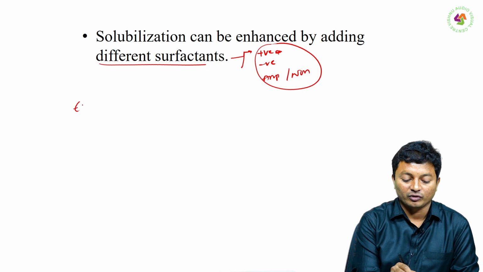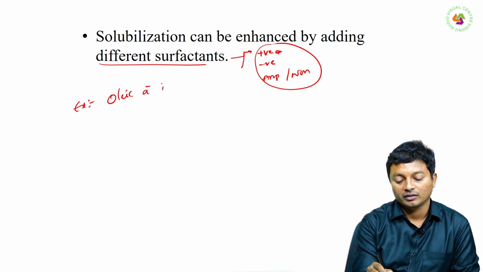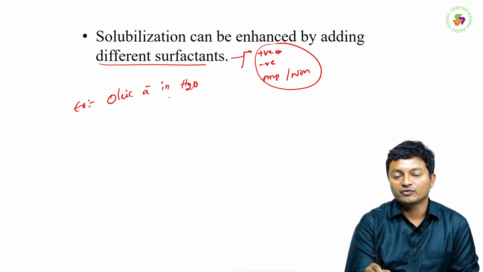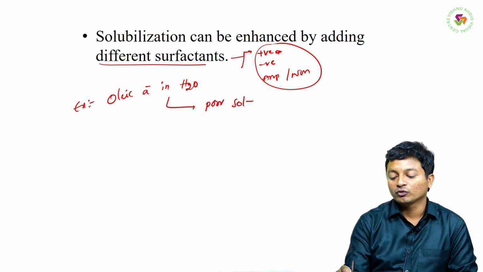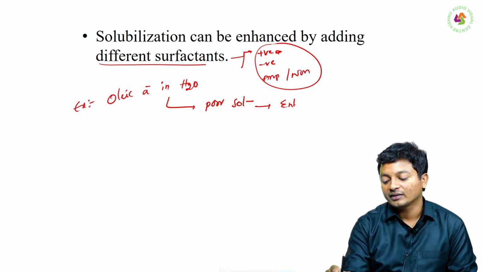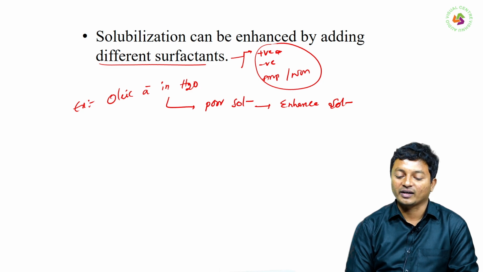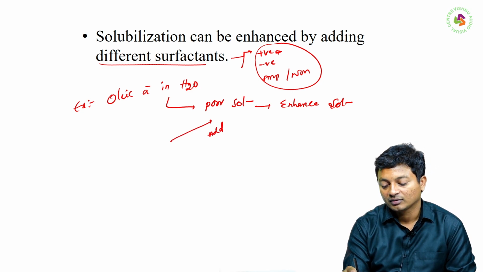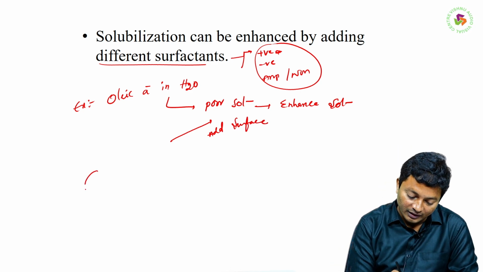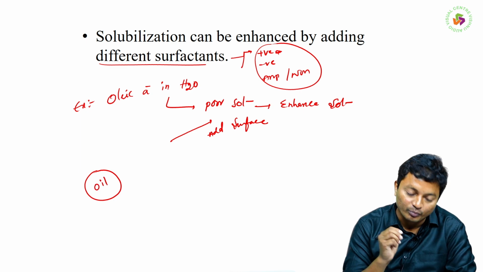Say for example, we discussed oleic acid in water. As we know, this has poor solubility, so we need to enhance the solubility property of the oleic acid. For that we need to add some surfactant. Oleic acid is in the oil portion.